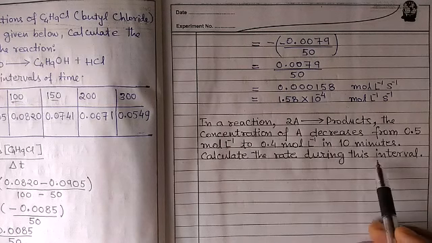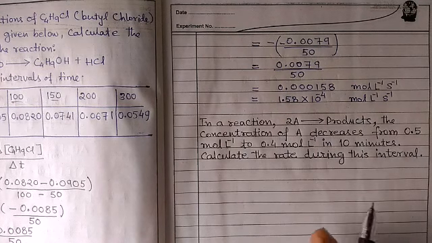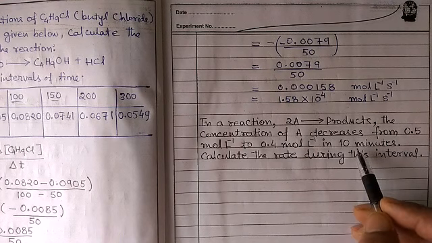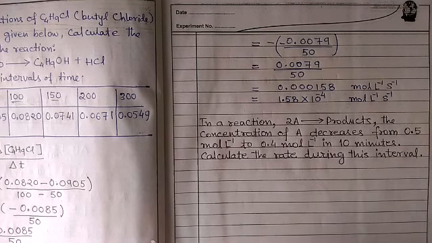Calculate the rate during this interval. So in this question we have 10 minutes for time. Before this we were using seconds for time. Now we have to use minutes.